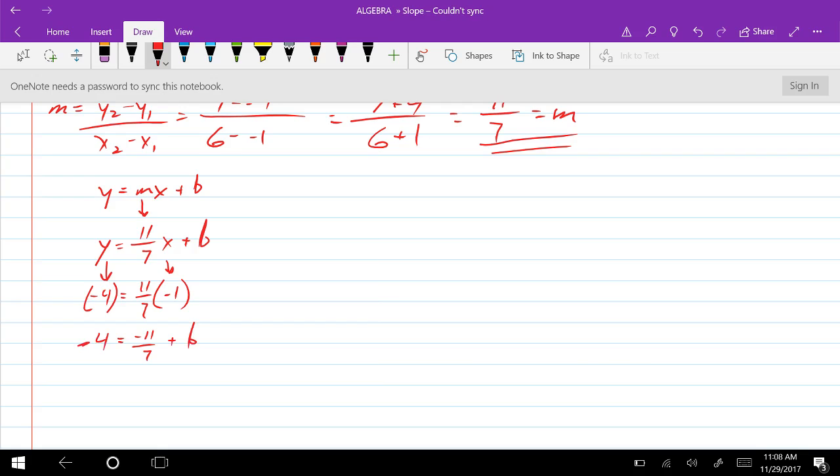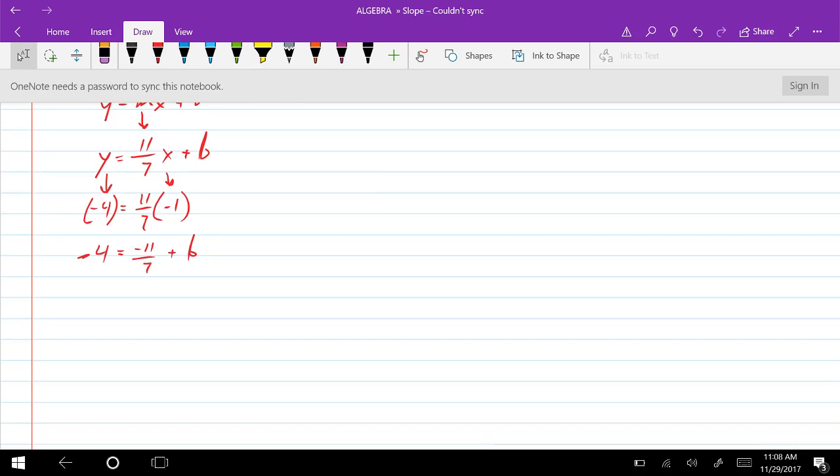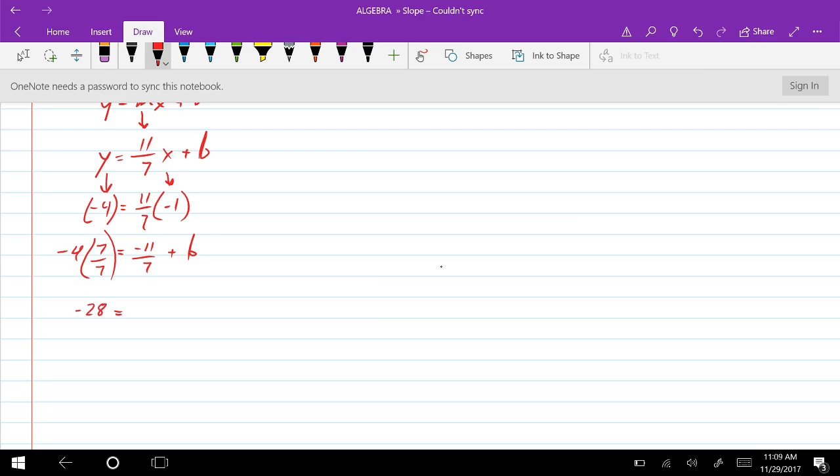Now, if I want to change -4 into a fraction with a denominator of 7, what I do is take -4 and multiply it by 7/7. So -4 times 7 is -28/7, because you multiply the number times the top, and then I have -11/7 plus b.